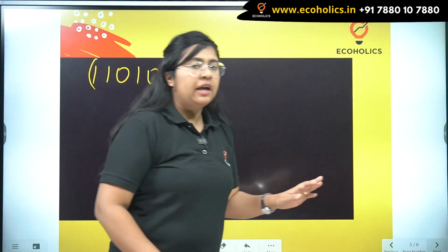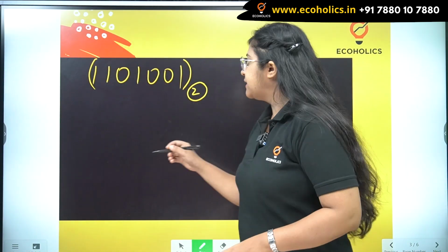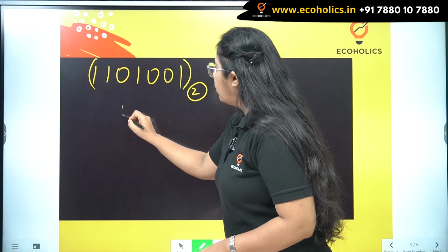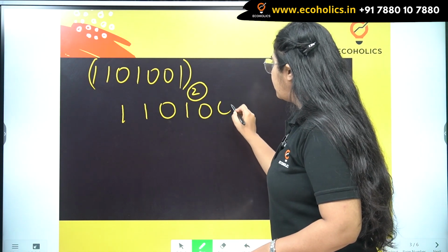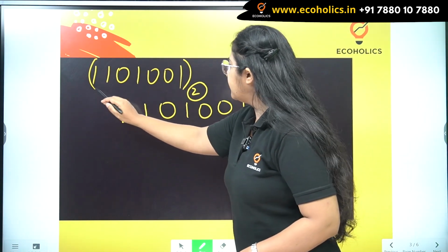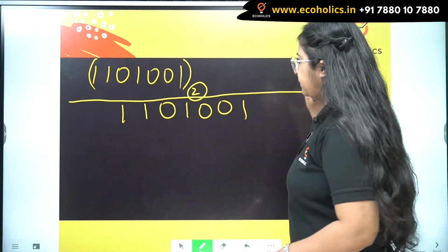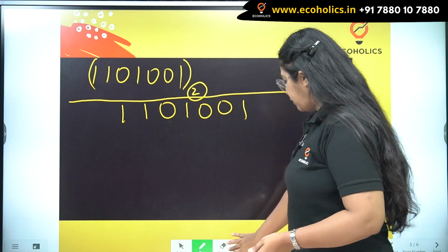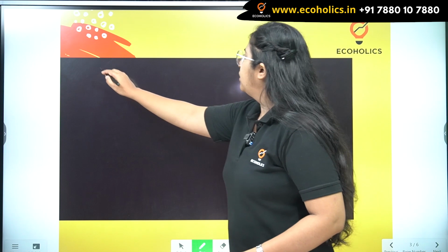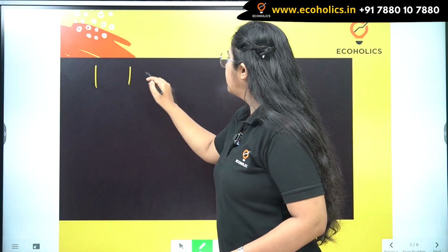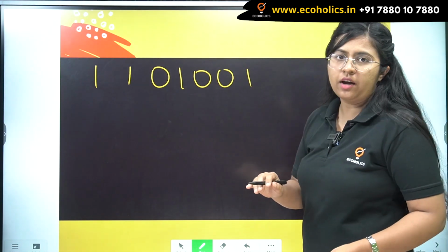So the easiest way to do this is, firstly, to rewrite the number, so that there is some clarity: 1, 1, 0, 1, 0, 0, 1. That's what our number is.